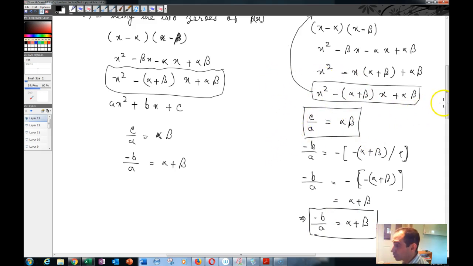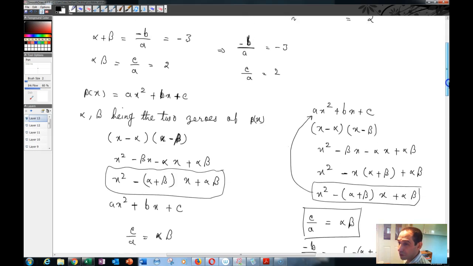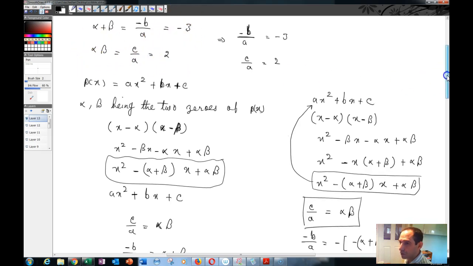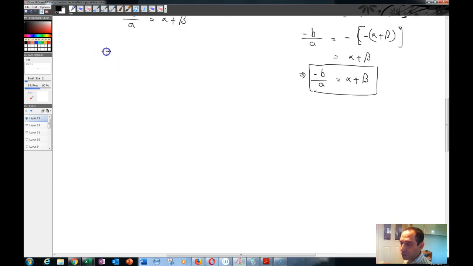Now, about that particular problem that we were solving there, we said that the sum of the two roots of that polynomial was negative 3, and the product was 2. Negative 3 is equal to alpha plus beta, and 2 was the product of the two roots of the polynomial.